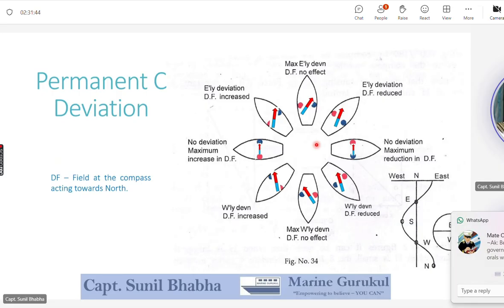So the directive force will be maximum, and there will be no deviation, right? But when there is a maximum reduction in the directive force, the directive force will be minimum on easterly heading. Yes, sorry. Directive force will be minimum because the red is pointing towards blue of Earth, and the blue of ship is pointing towards red of Earth.